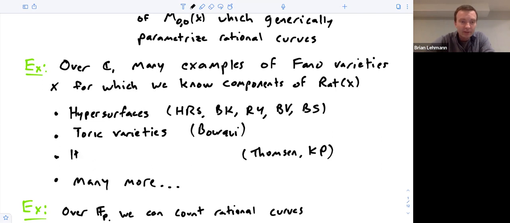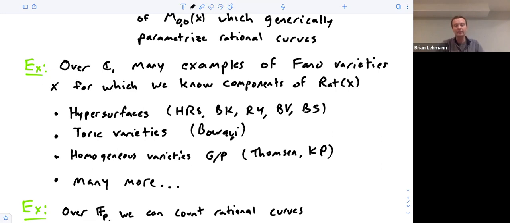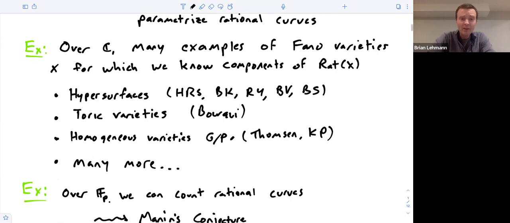Another class worth mentioning is the space of homogeneous varieties of the type G/P. These were studied by Thomsen and then by Kim and Pandharipande. And there's lots more. Maybe some people here have also proved results, which is great. There's a ton of results out there. I just wanted to give a short list of some of the more famous cases.